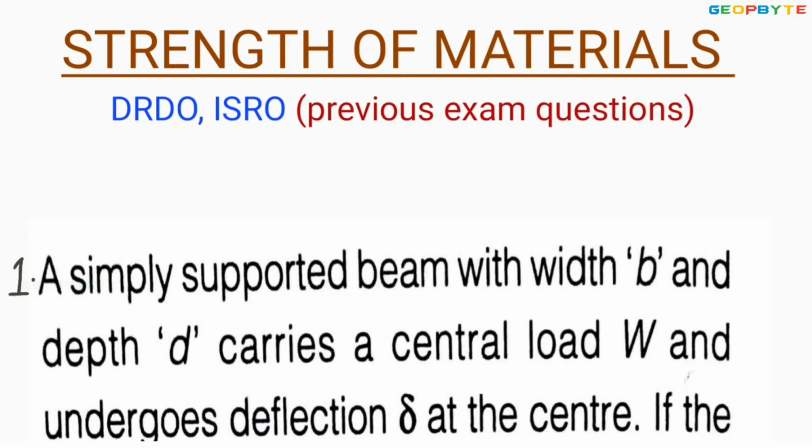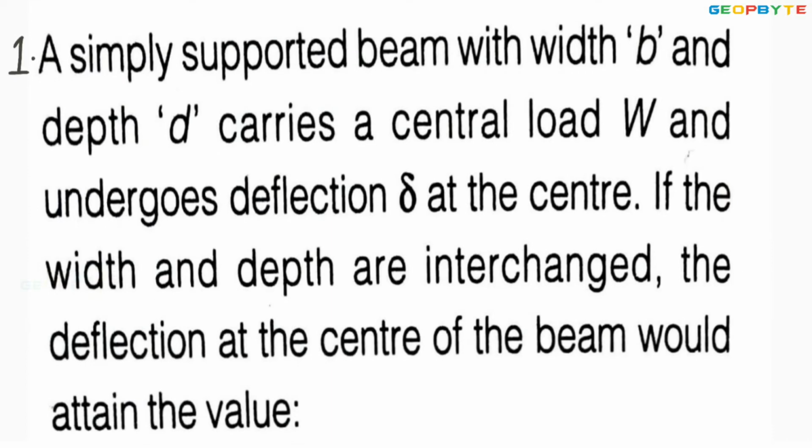Look at the very first problem. A simply supported beam with width B and depth D carries a central load W and undergoes a deflection delta at the center. Okay, a simply supported beam carries a point load at the center.